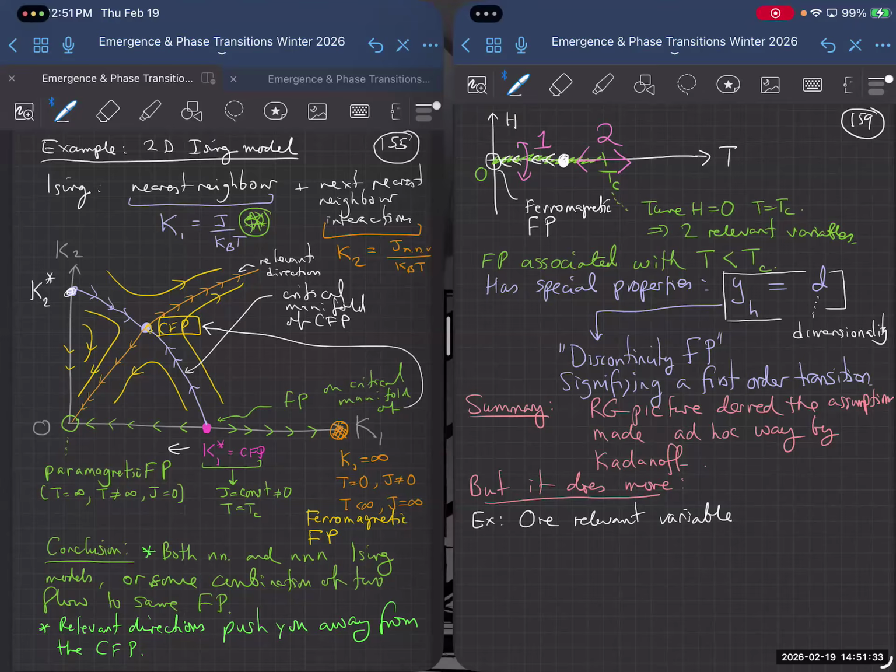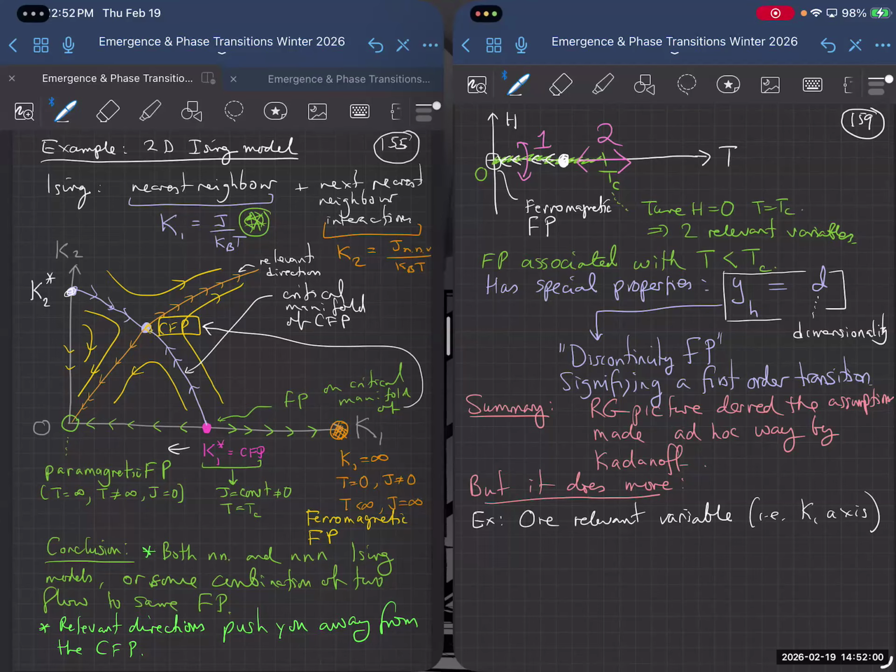Okay, let's have a look at just the one-dimensional axis, the K1 axis. Let's just look at that flow. So we're going to look at the one relevant variable case, i.e. the K1 axis in my previous picture. If you just look at that and you don't know about the K2 and the H and so on, you just think that that is the whole universe. It's not true, but let's ask ourselves the following question.